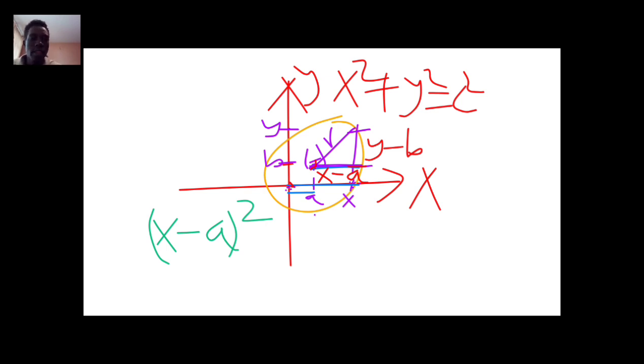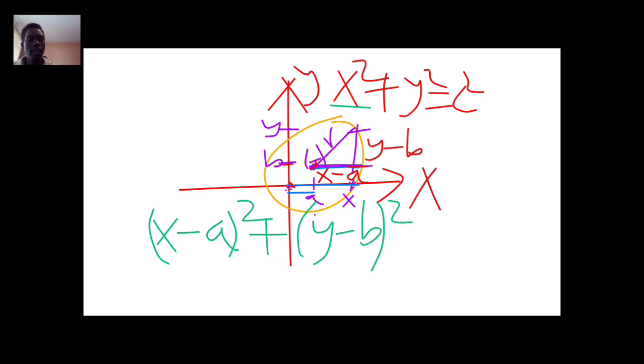That is the value of x. So it is base squared plus height squared. The height here is y minus b, so y minus b squared.